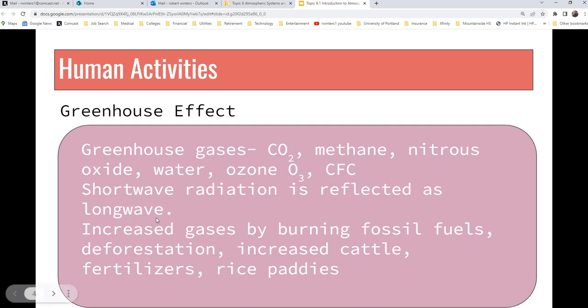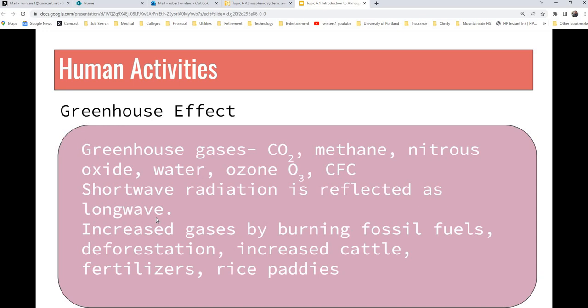Why is this important? Because the wavelength of radiation changes when it hits the Earth and when it's reflected, it changes which gases permit it to go through. So there may be a greenhouse gas which allows shortwave radiation to go through it, but when it gets reflected as long wave, it traps it in there.